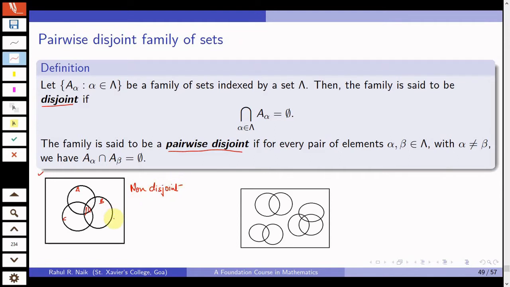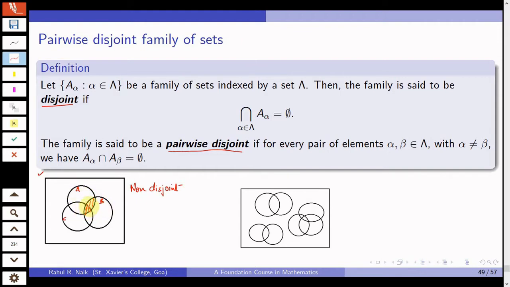Now the next thing we need to check is whether they are pairwise disjoint. To check this, we need to check whether each distinct pair in this family has an empty or non-empty intersection. If I check A and B, there is an intersection.